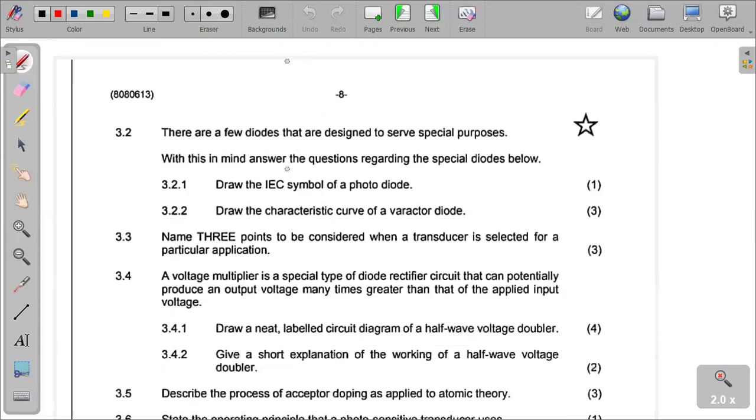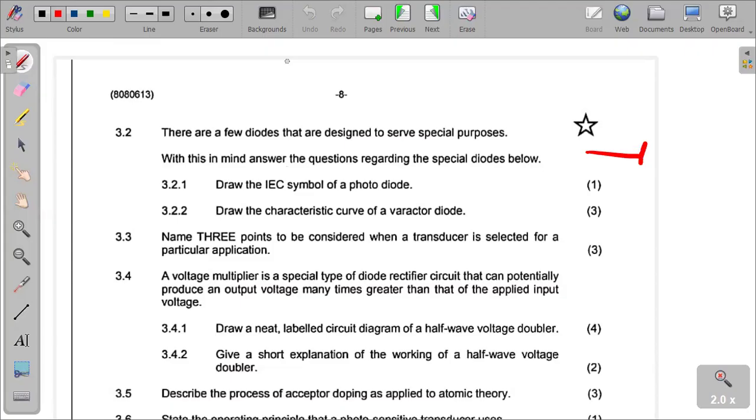The next question is now saying, there are a few diodes that are designed to serve special purposes. With this in mind, regarding the special diodes below, it's saying draw the IEC symbol for a photodiode. So the IEC symbol for the photodiode looks precisely like this.